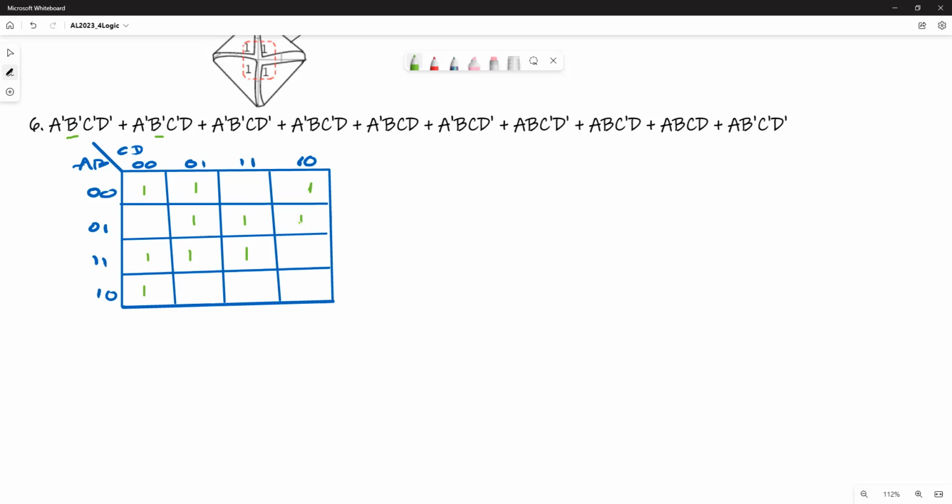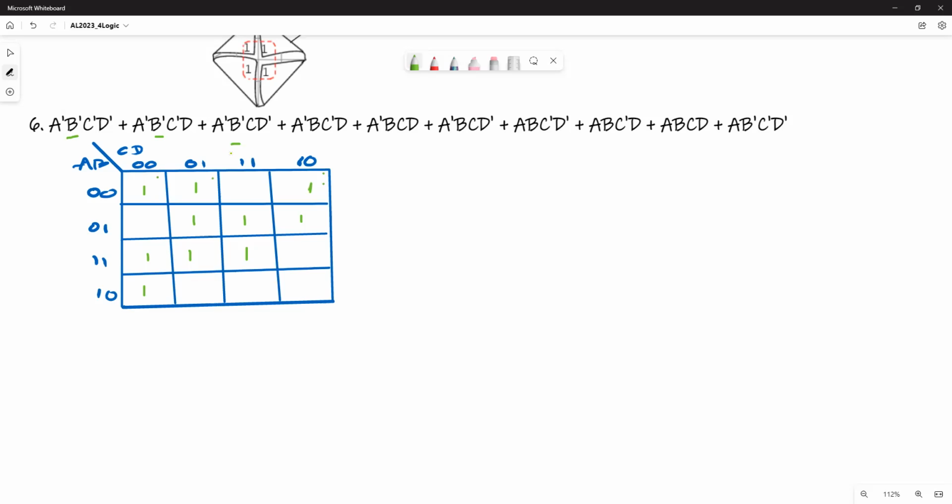I will put a dot somewhere here to mark it. Right? And then we have A dash, B dash, C, D dash. That means 0, 0, 1, 0. Sorry, the previous one was 0, 0, 0, 1. So that means this one, and this one, 0, 0, 1, 0, this one.